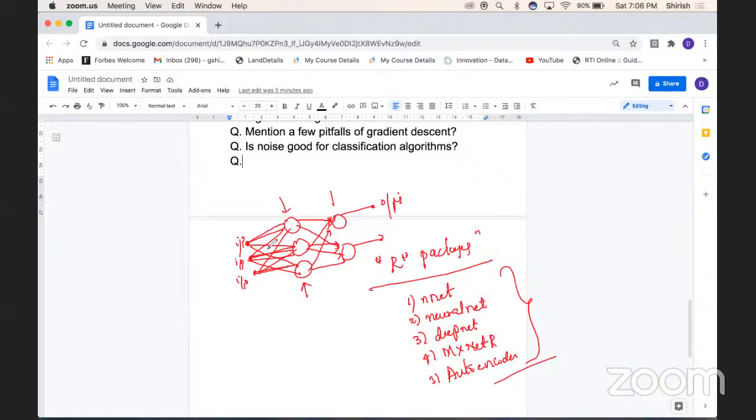The primary function is to take the inputs, perform some complex computations, then use the output to solve the problem. So they are used for a lot of different applications. One example would be classification. Though we have a lot of classifiers, you have logistic, support vector machines, decision trees, random forests, right? And of course, we have neural networks.